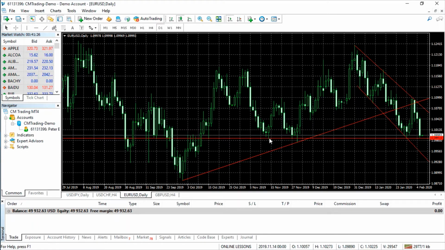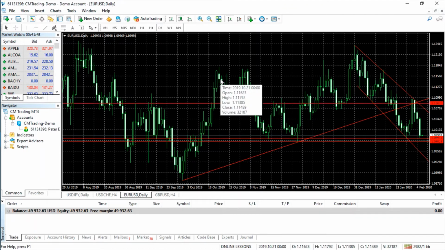But when it comes to drawing these supports and resistance, you'll find that they're not always at one exact point. So you need that zone. When it comes to that zone area, you need all these points where the market bounced off from those areas.